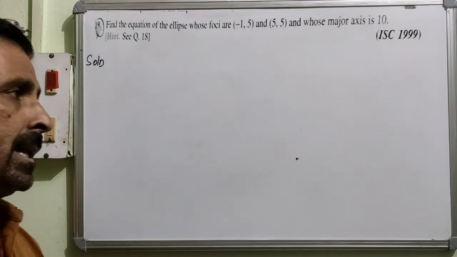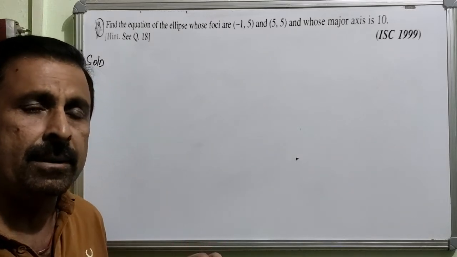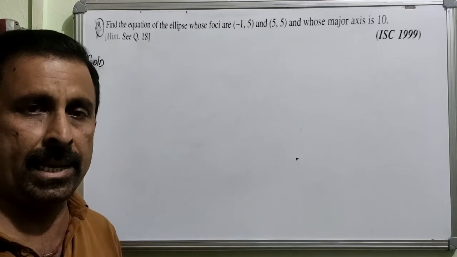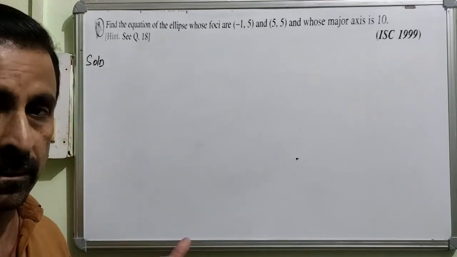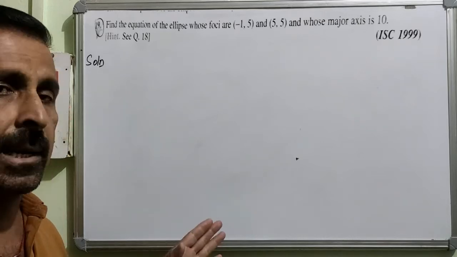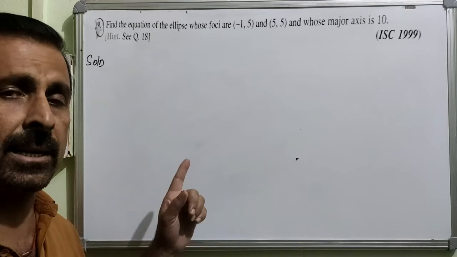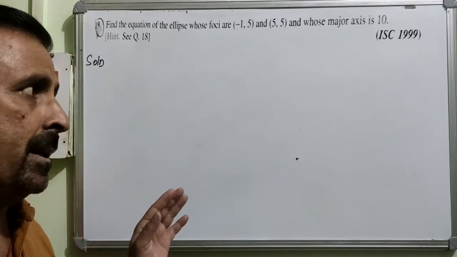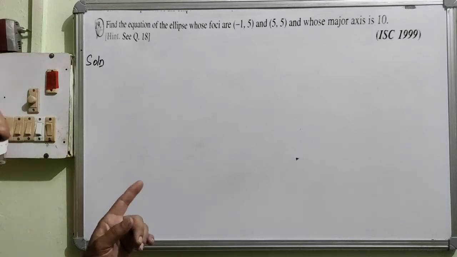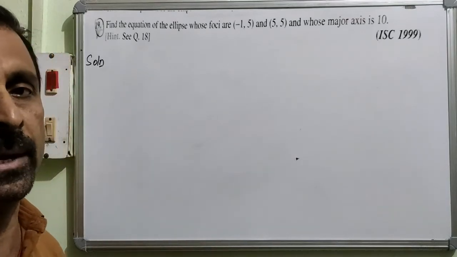If you look at the table, the foci coordinates are given as (±ae, 0). That means the center of the ellipse will also not be at the origin. It is transformed. Therefore, we cannot use the general formula, but we will use the vertex form of the ellipse.